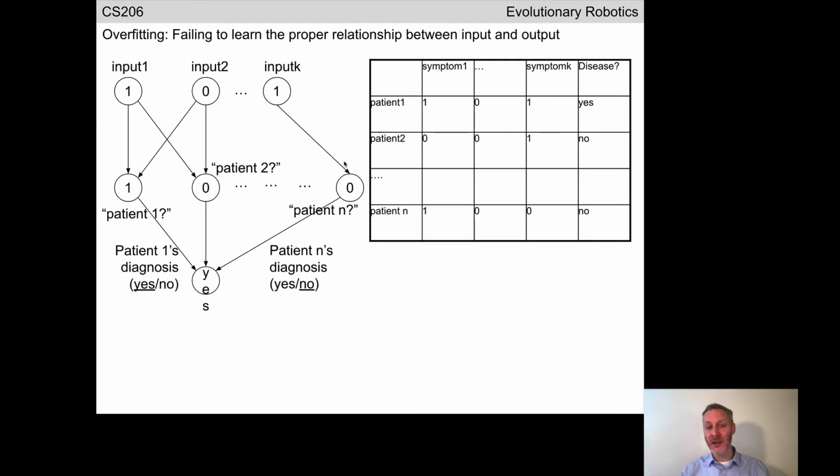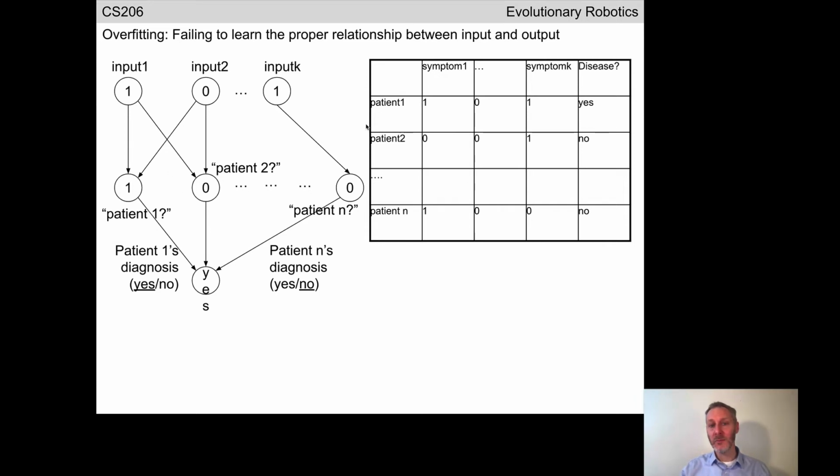I'm not actually showing you the weights; let's imagine they've already been set by backpropagation. The neural network can cheat on this problem by learning not the function from symptoms to disease, but a different function, which is to recognize each individual patient and memorize whether or not they had the disease.